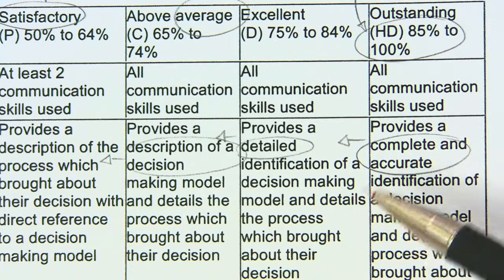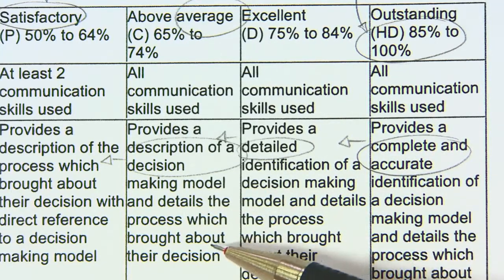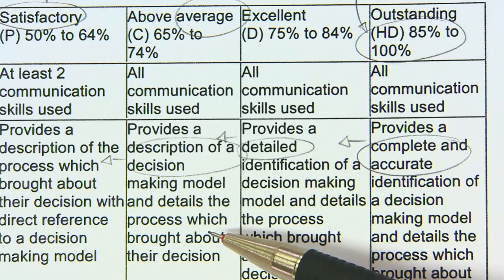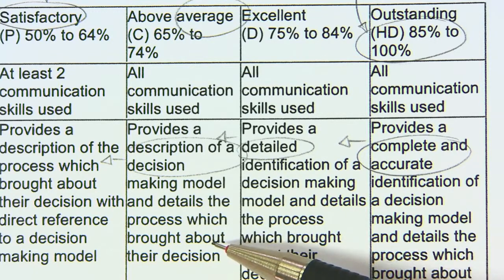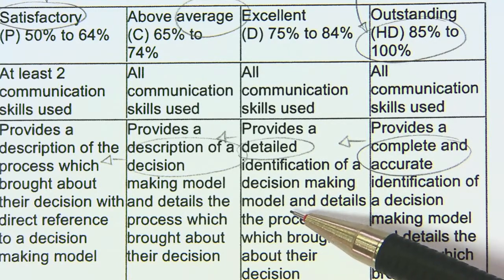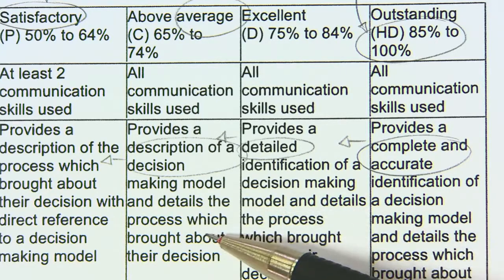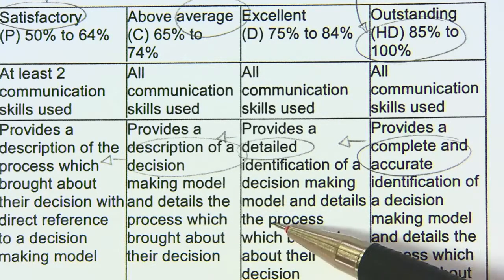Okay. Looking at the credit level, the student has provided a description of a decision-making model. Compared to the excellent level, which is where they have provided a detailed identification of a decision-making model. I can see the difference there. The difference is in the detail.